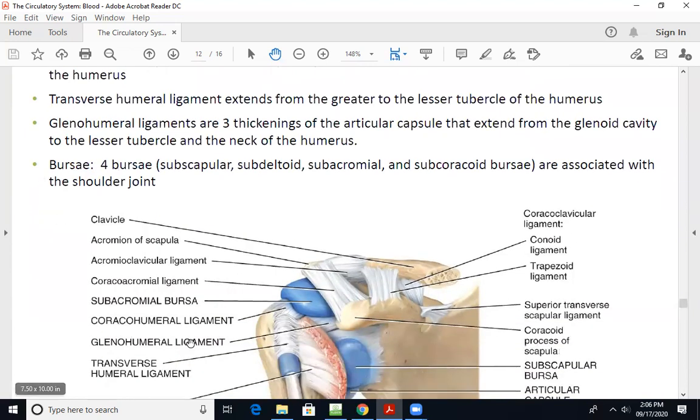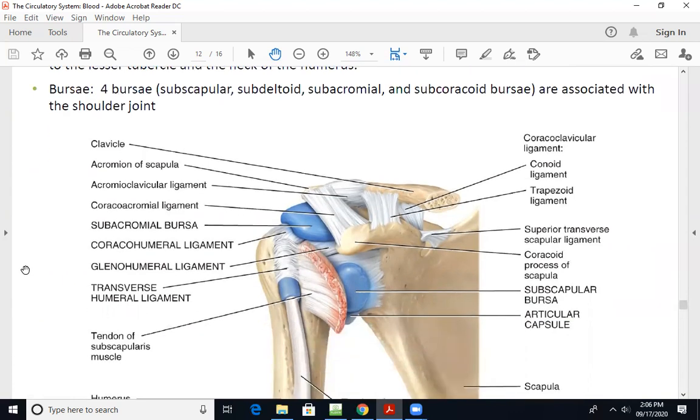And then the glenohumeral ligament, it's this ligament here, 3 thickenings of the articular capsule extending from the glenoid cavity to the lesser tubercle and neck of the humerus. And now we see several other ligaments like the coracoclavicular ligament, superior transverse scapular ligament.